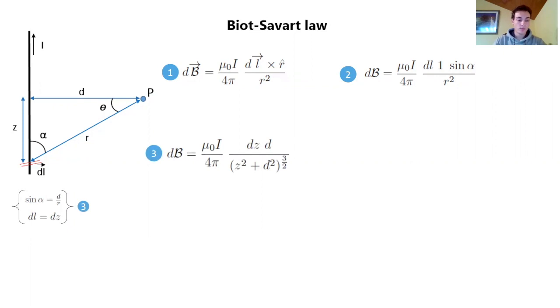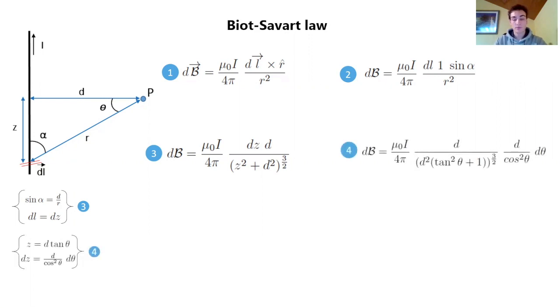If we perform a change of variables and apply the Pythagorean theorem, r squared is equal to z squared plus d squared, we obtain the third equation. And dL is equal to dz because the wire follows the z-axis, right?